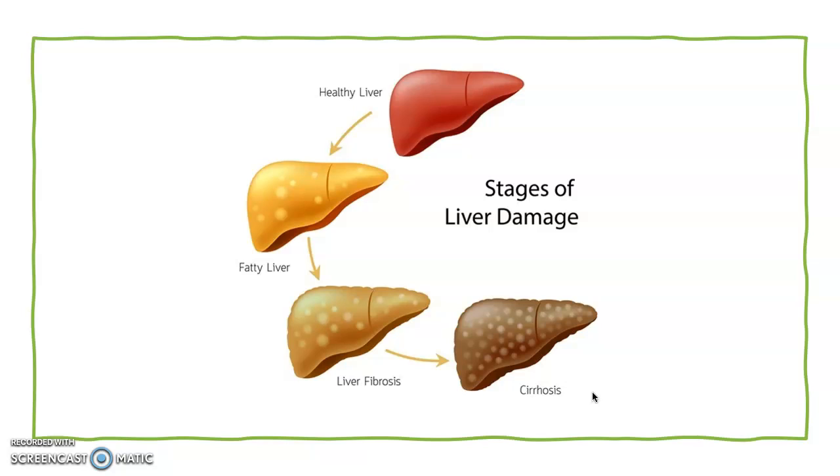Essentially, fibrosis develops, scar tissue develops, which leads to liver cell destruction, and then cirrhosis is the end stage, this chronic liver disease where the functional tissue we once had is now replaced with fibrous tissue.